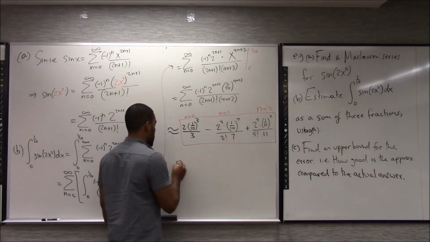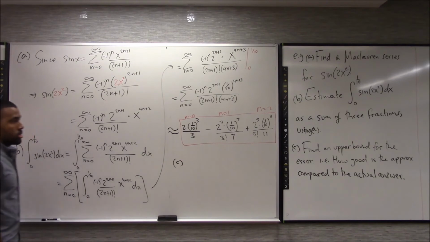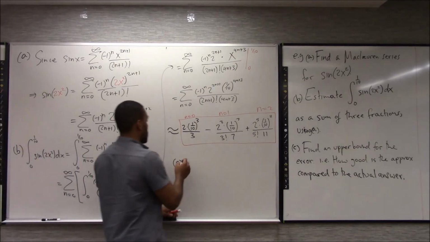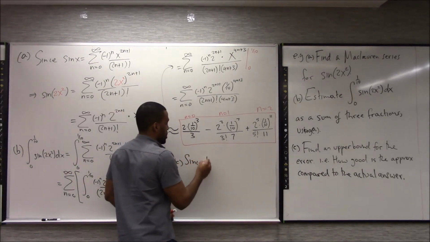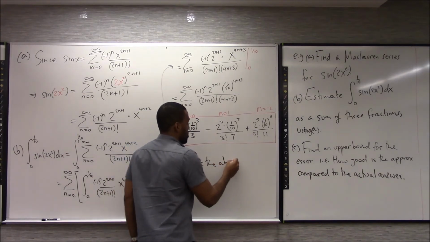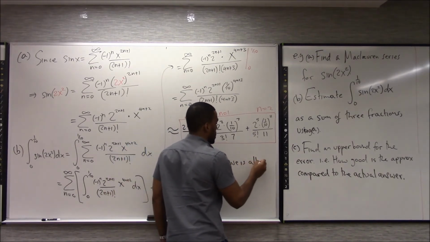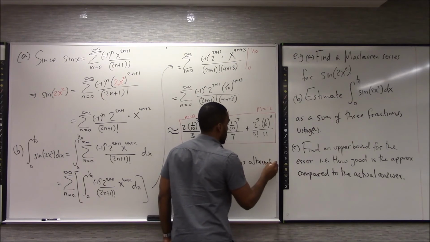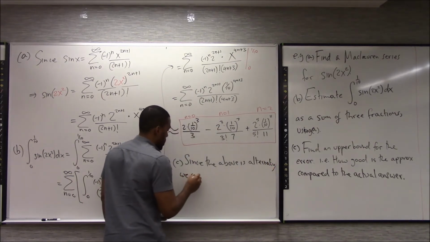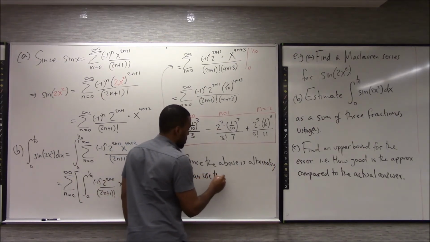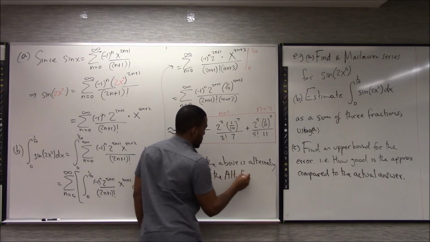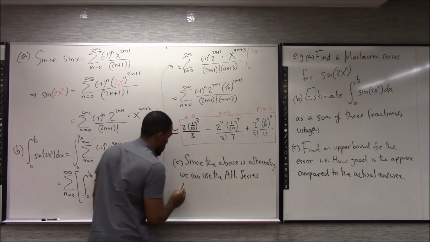And part C. Since the above is alternating, we can use the alternating series approximation.